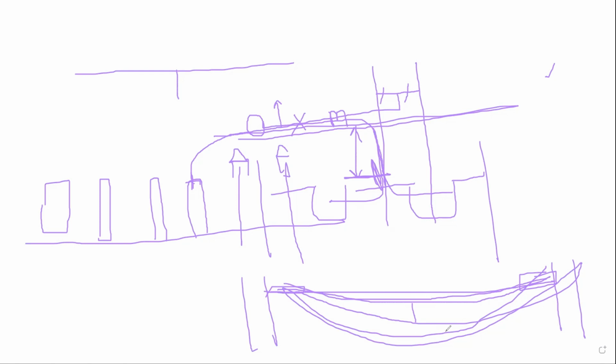This sag will create a tension on these towers. If the sag is high, this tower will bend in this direction, and this tower in this direction. Only the sag affects all the other things. If we calculate the sag, we can conclude the tension to be applied.